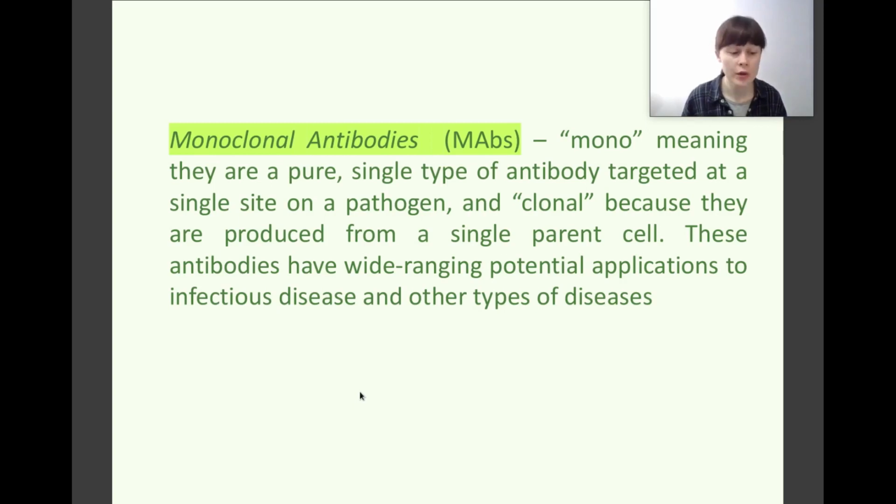However, when only one clone of B cell is stimulated by a single epitope of antigen, and only this B cell clone is allowed to proliferate and produce antibodies, such antibodies are referred to as monoclonal antibodies.